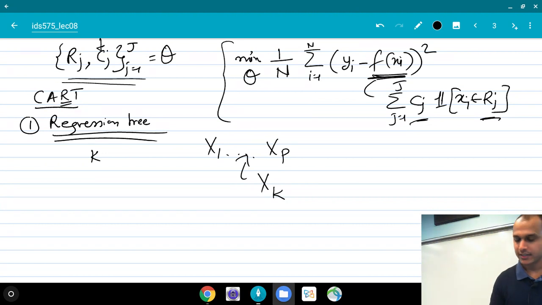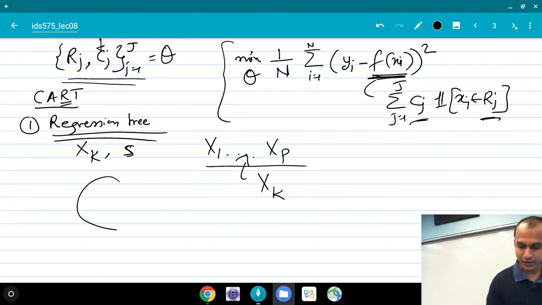It's an iterative procedure, in the sense that I'm going to keep repeating some steps. In each step, what I'm supposed to do is pick a variable, one of these x1 to xp. Let's say I pick xk, a generic one, and I need to figure out the level at which it's split.